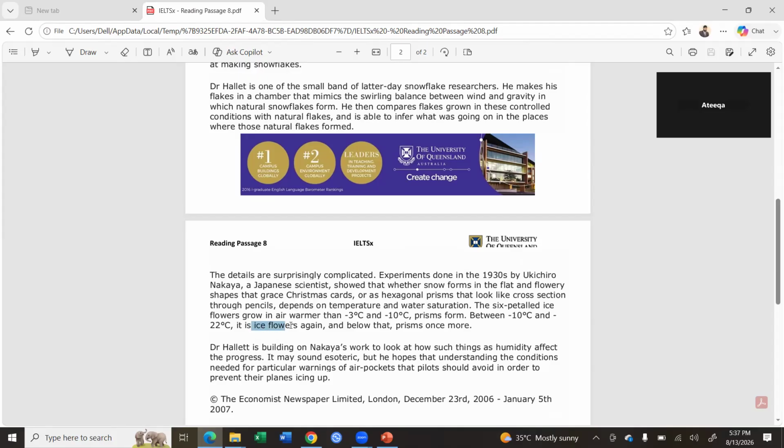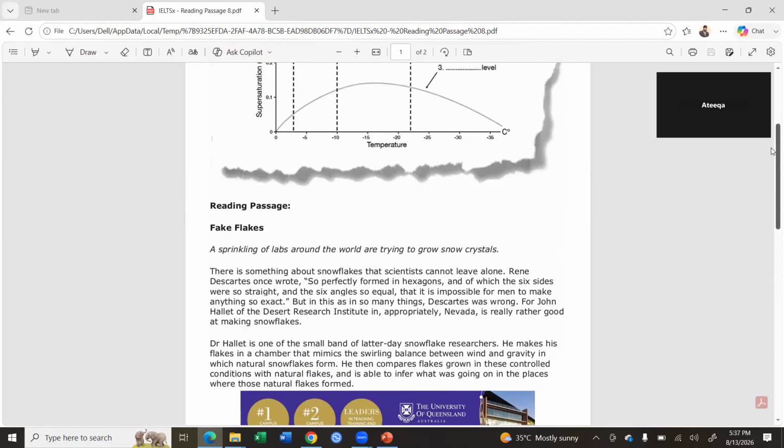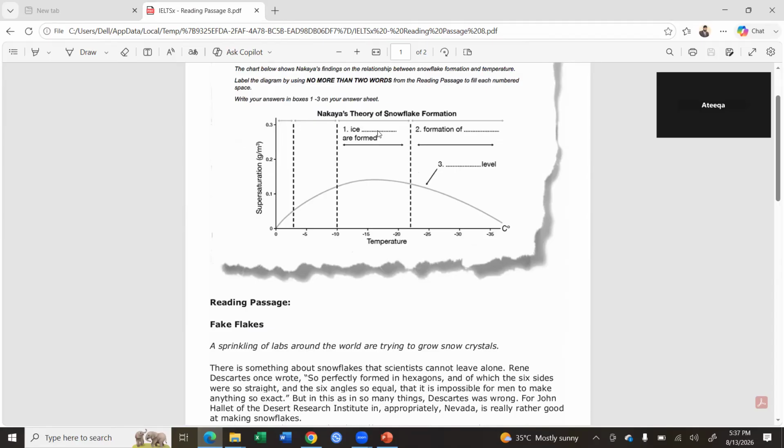You can see it here. Ice flower again. So what is the right option here? Ice dash. What is the dash? No, ice flowers, my dear. It is the name. Ice flowers are formed. In the dash, you should write flowers, right?